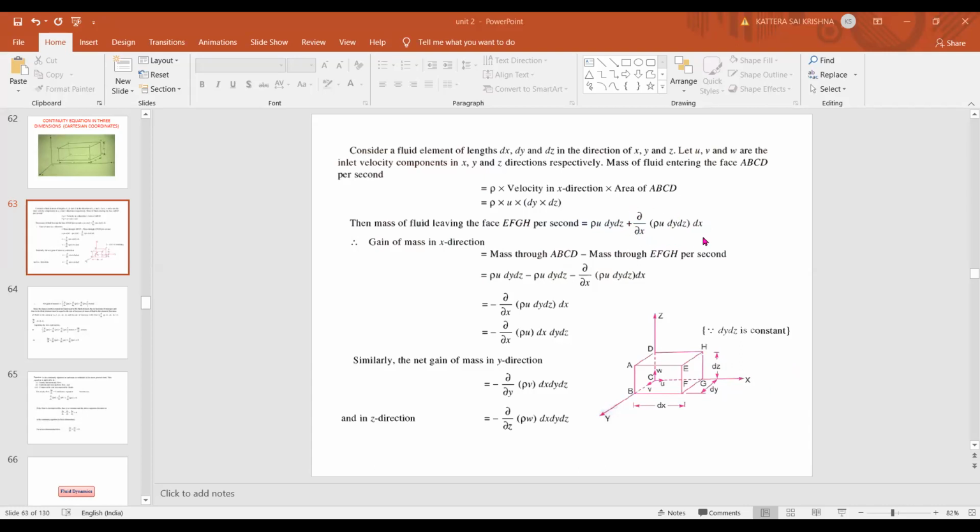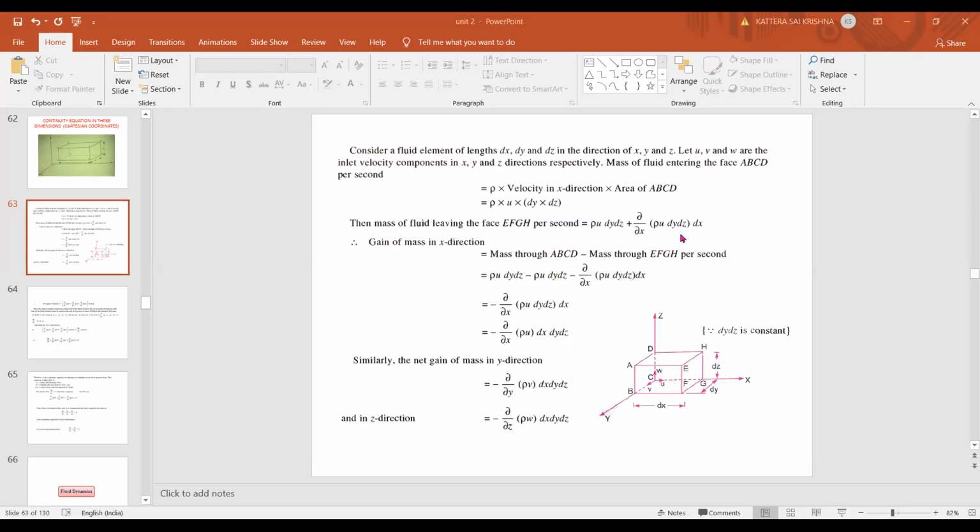So why did we get this term? Because there is some mass flow rate change inside this box. So that change is this one. This is what is coming out. Generally it will decrease, because some mass will be stored inside, so the mass coming out will be less than the initial value. So the mass of the fluid leaving the face EFGH per second is equal to what is coming inside plus the change inside.